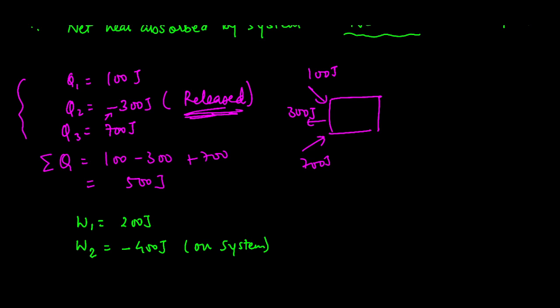If I want to indicate it by arrows or by money-like behavior, in the first one the system does work, so the system spent money, yes or no? System spends. Is this fine? Second one, work is done on the system. Is this clear?